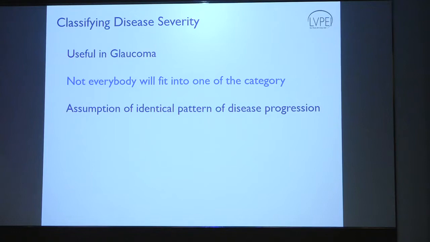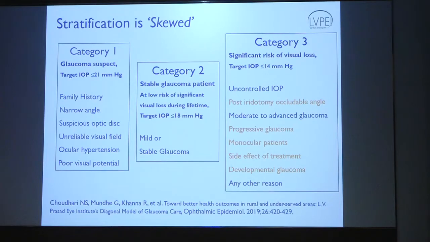The stratification of diseases that I showed is not a very linear kind of stratification, and everybody may not fit into one of the categories. But I thought this is a more practical way of doing things.